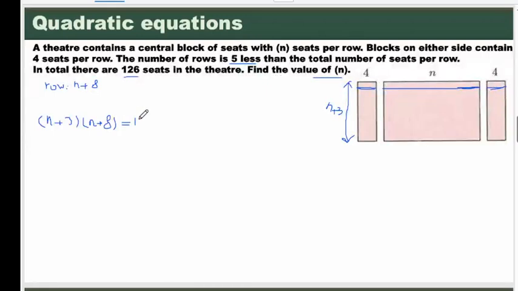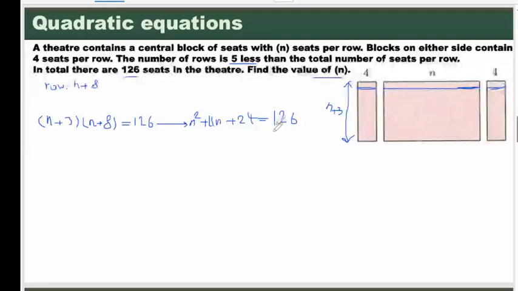That is 126. I expand the first parenthesis into the second, so it would be n squared plus 11n, and 3 times 8 would be 24, equals 126.